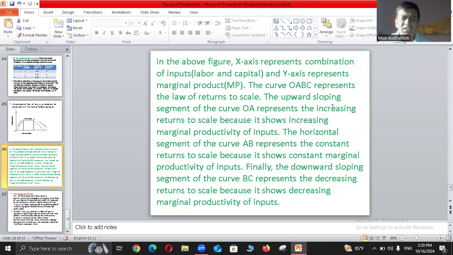The horizontal segment of the curve, AB, represents the constant returns to scale because it shows constant marginal productivity of inputs. Finally, the downward sloping segment of the curve, BC, represents the decreasing returns to scale because it shows decreasing marginal productivity of inputs.